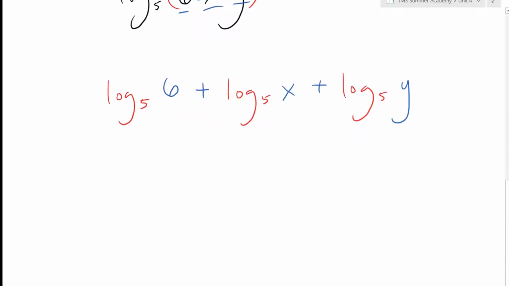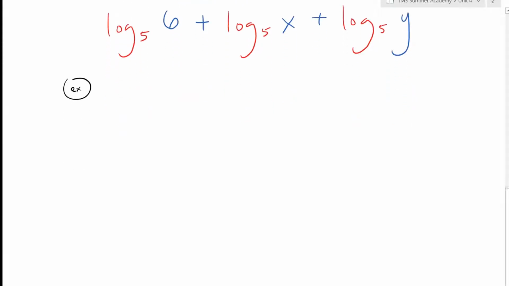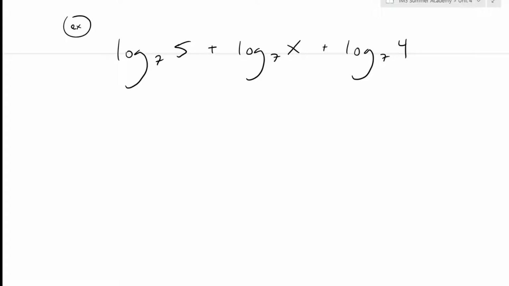Now if they told us to go the other way, they gave us an expanded version and they wanted to condense it, we'll just think about going the opposite direction. Log base 7 of 5 plus log base 7 of x plus log base 7 of 4. So I look at them, as long as they all have the same log base, we're going to condense this down into one log term with base 7.